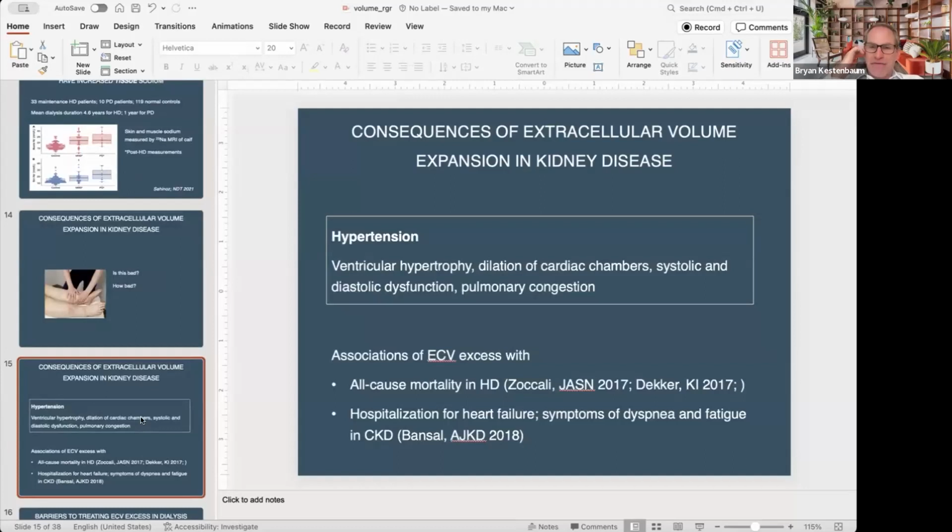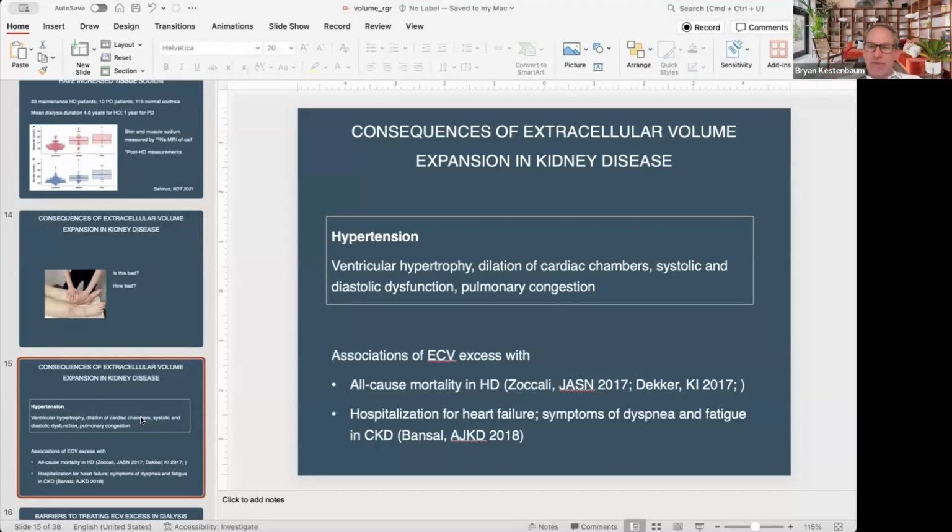So I think from a physiologic standpoint, there's enough data between association studies, animal studies, plausibility to make a causative statement to say that chronic extracellular volume expansion is a cause of hypertension. The vast majority of people, over 90% of people with stage 4 chronic kidney disease, have hypertension. The hypertension, we know, responds to volume changes, and the hypertension goes with a package.